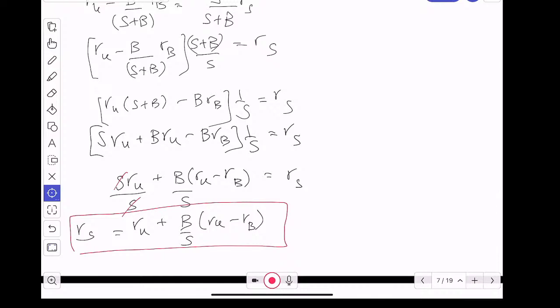So where this is the return to shareholders in the levered firm, they demand a required rate of return that's higher than the return to the unlevered shareholders, the shareholders in the unlevered firm, the higher and higher the debt to equity ratio, because this is a positive, it's always just going to go up.